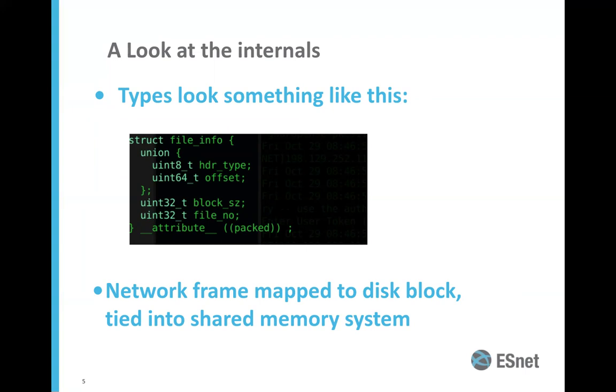Each of these network frames that I just talked about directly maps to a disk block. The disk blocks in turn are memory aligned in this shared memory region that gets allocated, such that each disk block is aligned across a 4K page size, such that direct IO is supported, which is what makes this sort of a zero copy transfer solution.